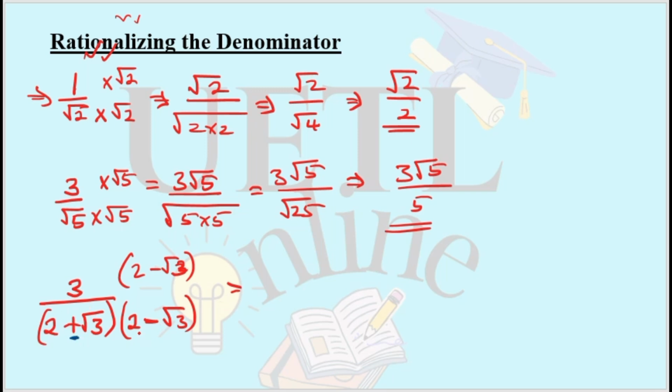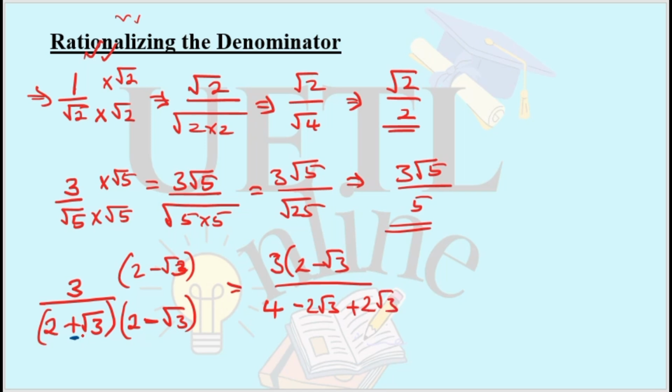Now you have to multiply them. On the top, it becomes 3 times 2 minus root 3, right? Then on the bottom you multiply it like the multiplication we did in the previous chapter. Let me do it fast here so that you can save time. Here is 2 times 2, it becomes 4. Then 2 times minus root 3 becomes minus 2 root 3, plus 2 root 3.